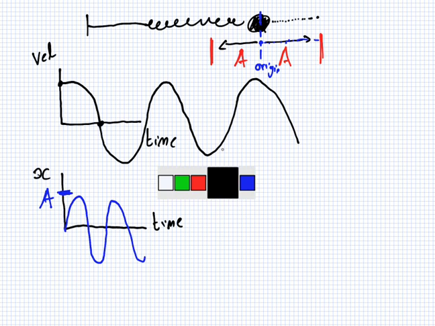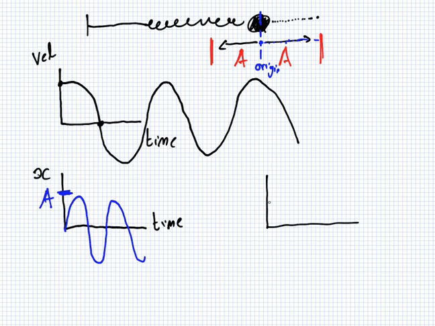Now, let's do one more graph. Let's look at the acceleration. Do you remember from our chapter on time velocity time graphs? On the graph here, what represents the acceleration? It's the slope, remember? So here, the slope is 0.